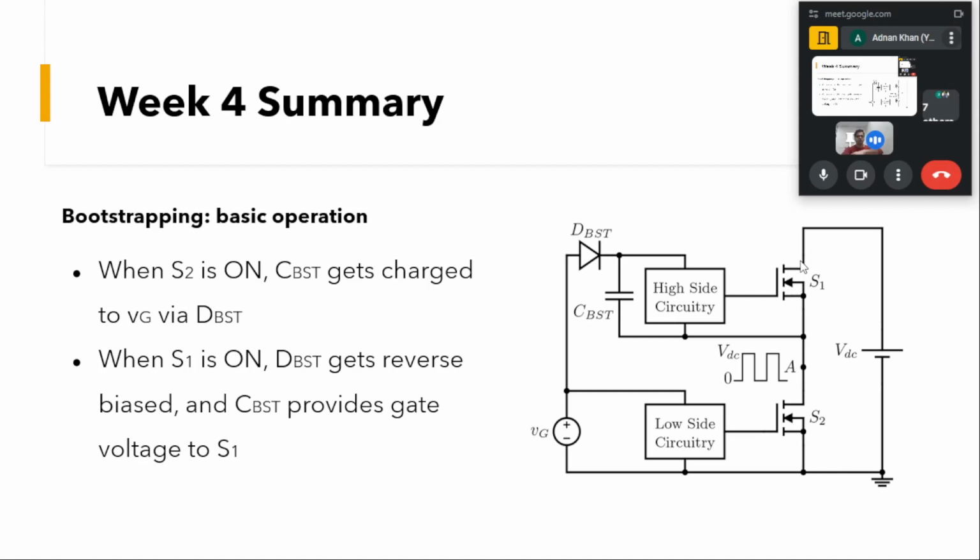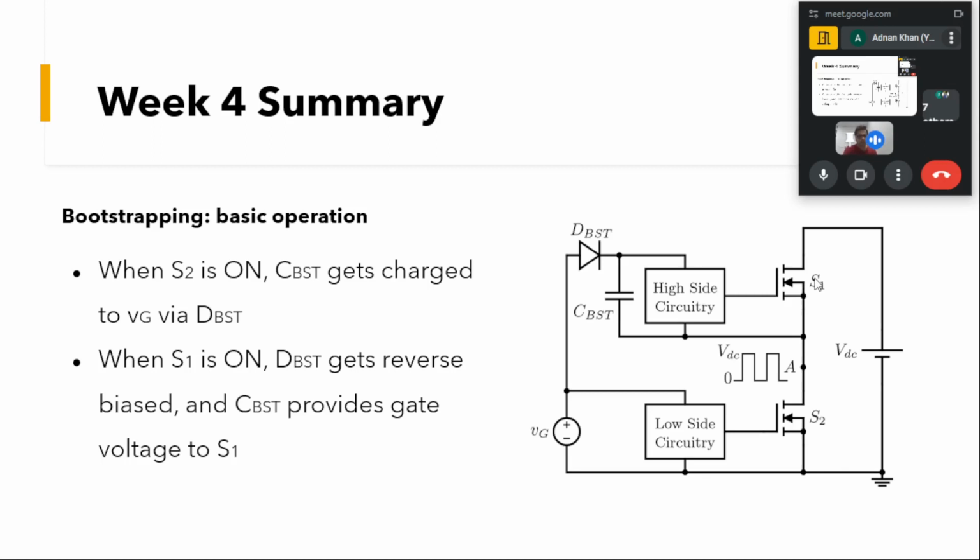So for this bootstrap circuitry, what needs to be kept in mind is that first we have to turn on this S2 switch. That means this bottom switch we have to turn on, and after that the S1 switch.